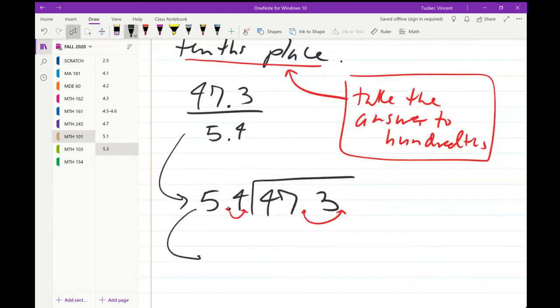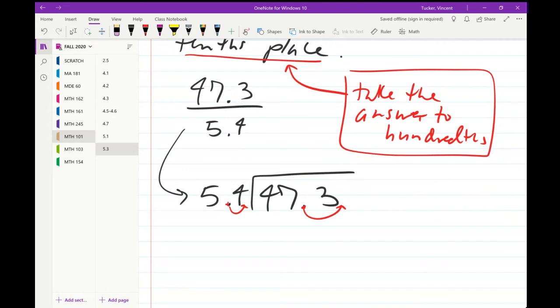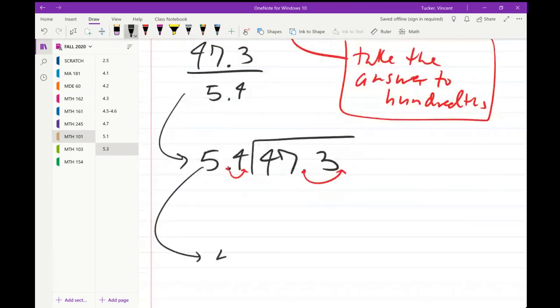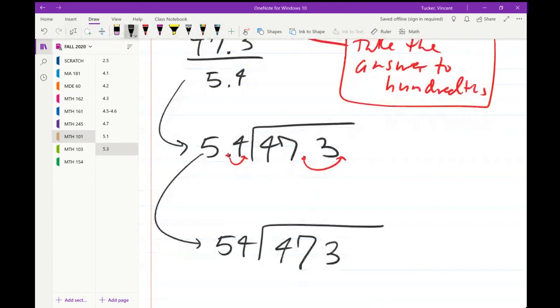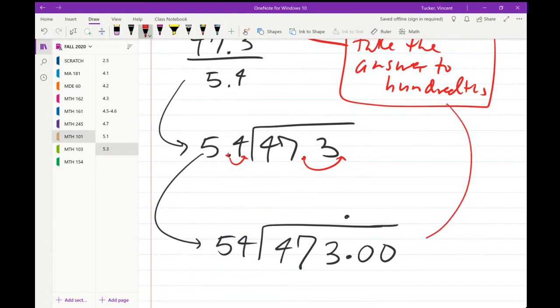So that means go down further, 54 into 473. So now we know automatically that we're going to the hundredths place. So you can go ahead and put your decimal and your zeros, because we're going to the hundredths place and we're going to stop.